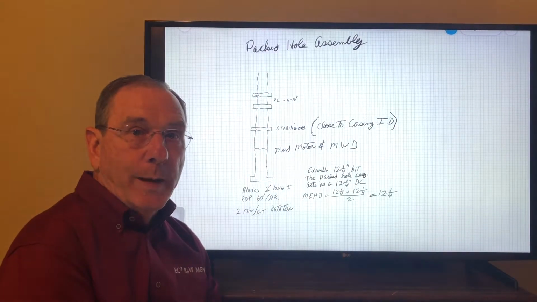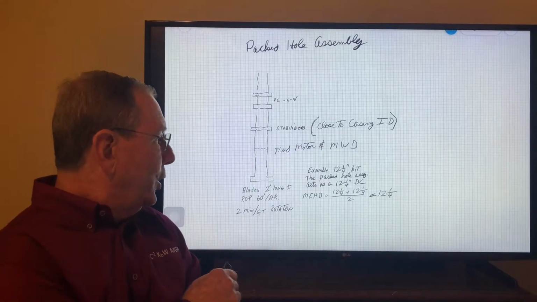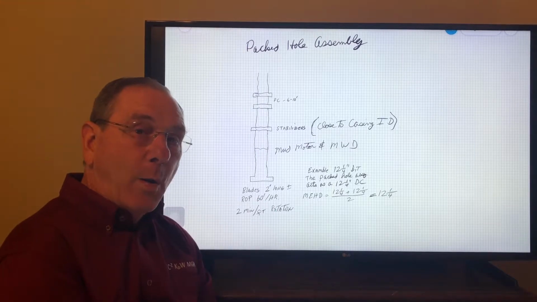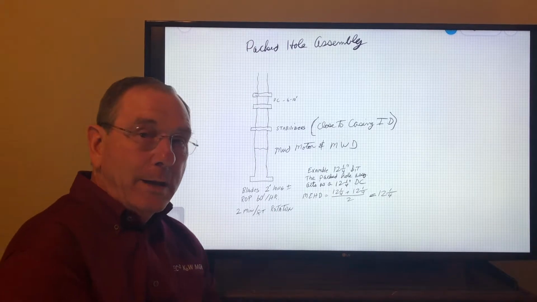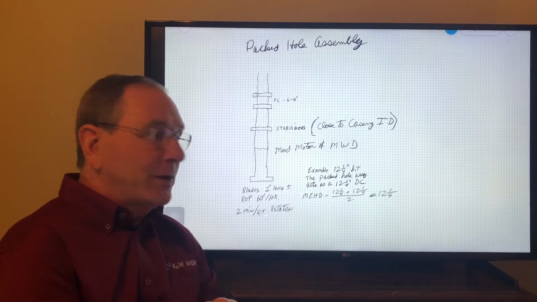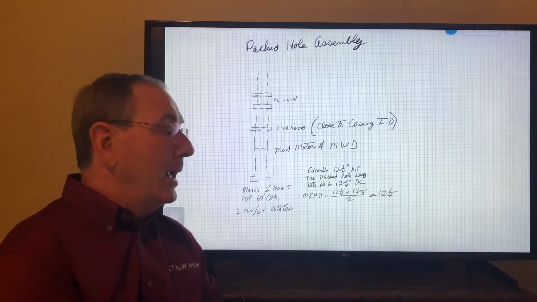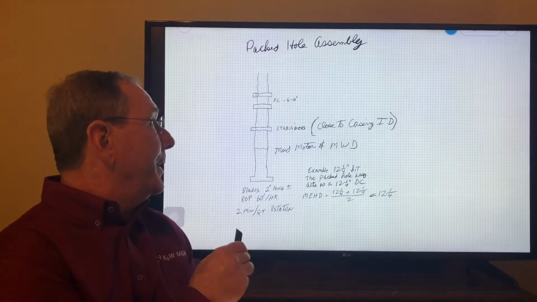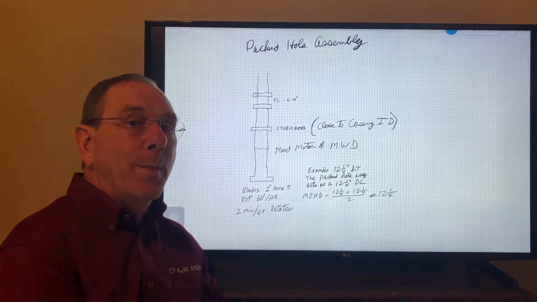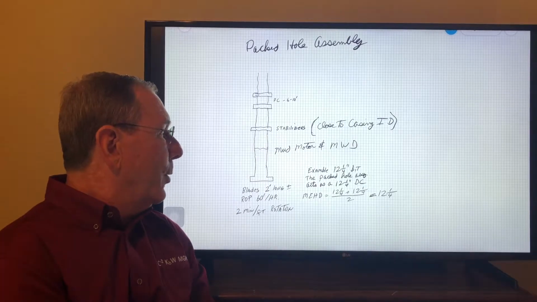Another important aspect is these blades are typically about 2 foot long. So if you have a 2 foot long blade and you're drilling at 60 foot per hour, then your formation is exposed to these blades for 2 minutes for every foot of rotation. With 2 minutes of rotation for every foot, it's going to smooth out any irregularities in that well bore that were caused as you drilled it.